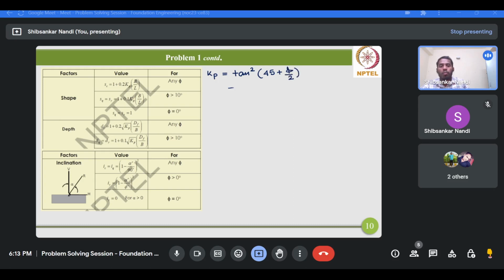In this case your phi is 25, so Kp would be tan square of 45 plus 12.5, that means 2.46.